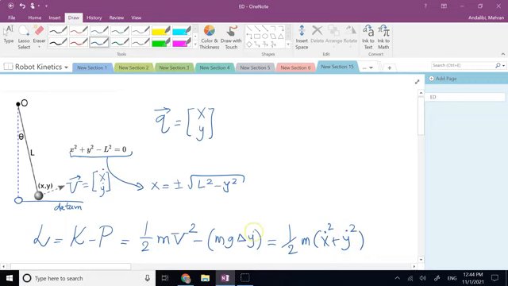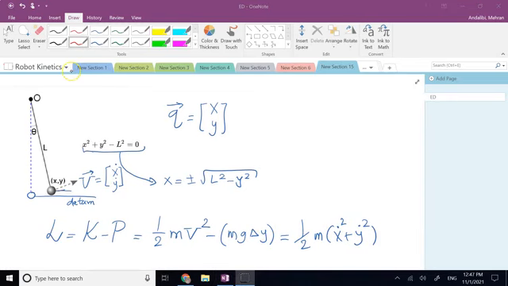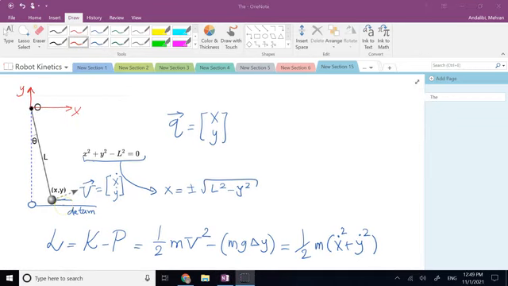And what about negative mg delta y? So here I'm going to choose my x-axis to the right and y-axis to be upward. Then y of the datum, y of 1, is going to be negative L, and y of the 2 is just y, right?